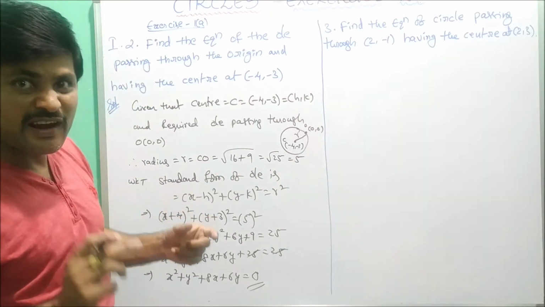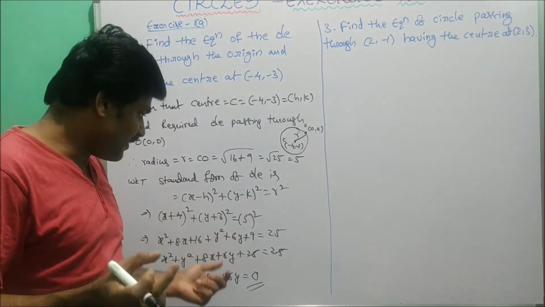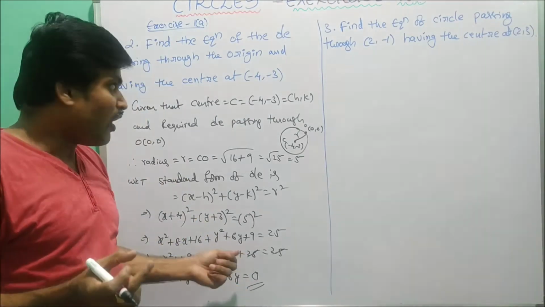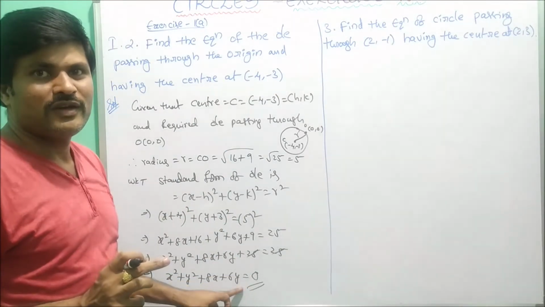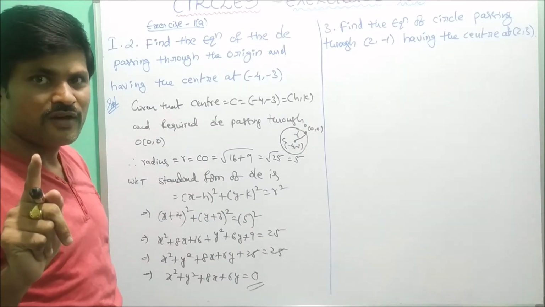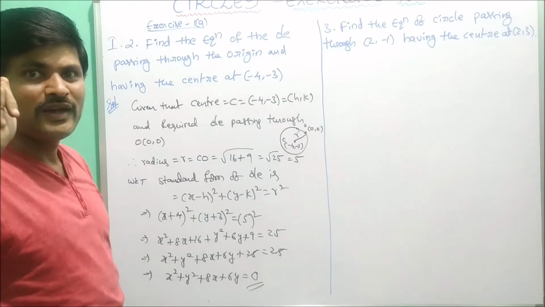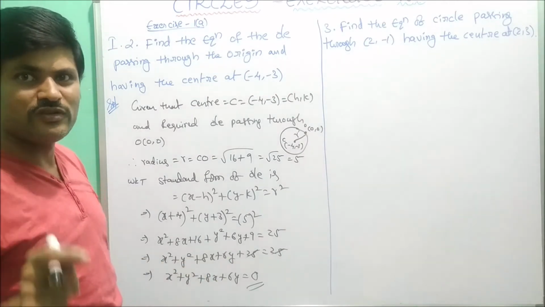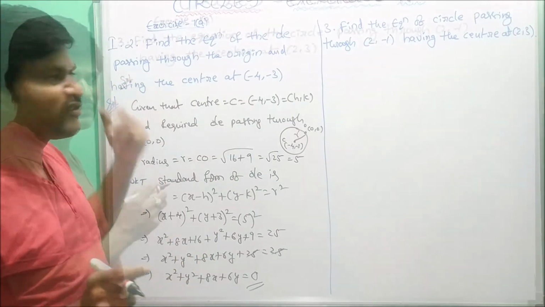Now we know that if any circle passes through the origin, then in the equation of the circle the constant is 0. Here there is no constant. Any circle passing through the origin has an equation of the form x square plus y square plus 2gx plus 2fy equals 0. Here c equals 0. So here also the constant is 0. This is the solution for this question.